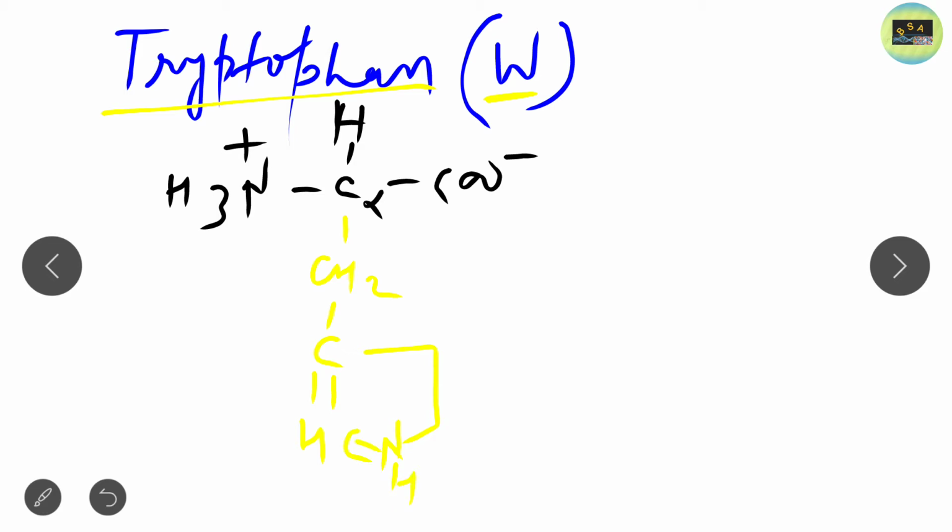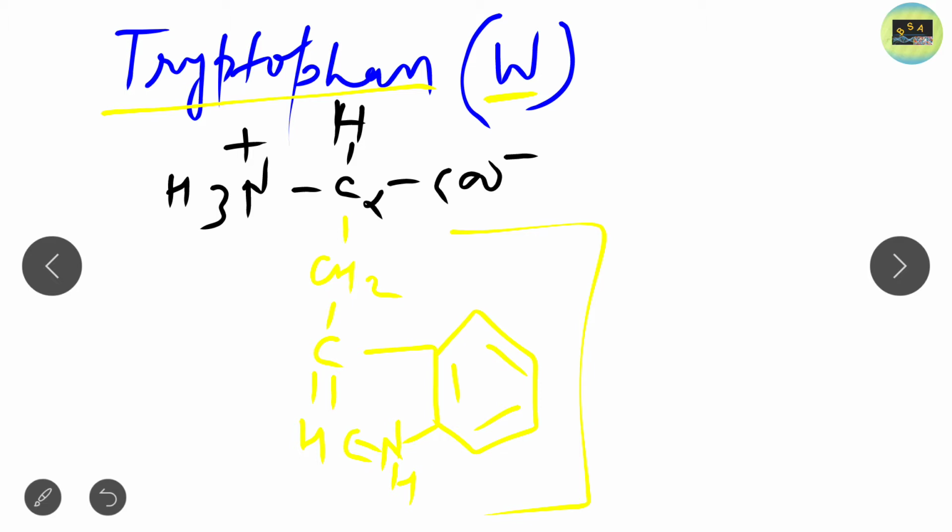This will join with this, and here is a ring. Clear? So this is the side chain of tryptophan. Okay, clear?